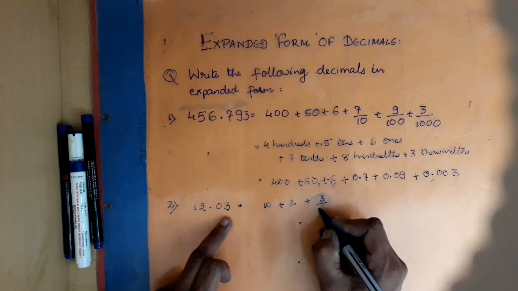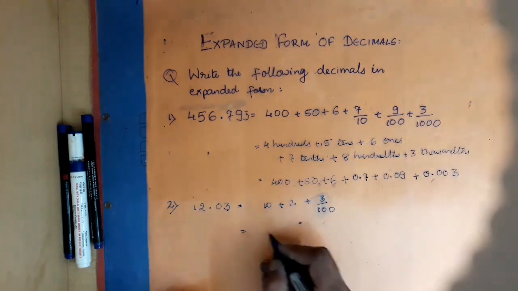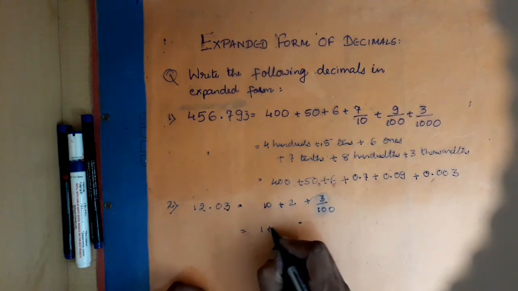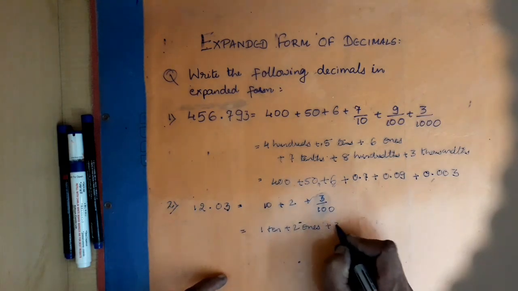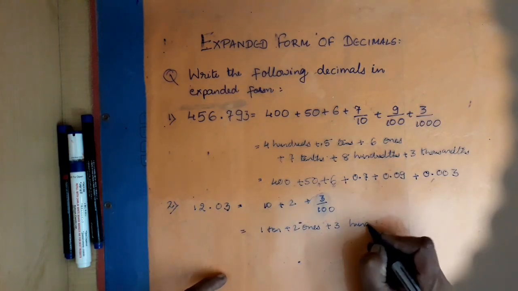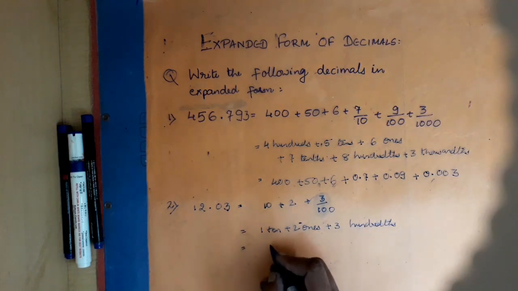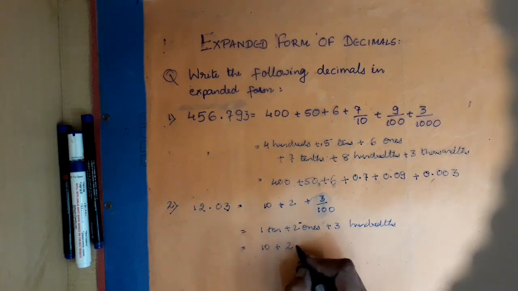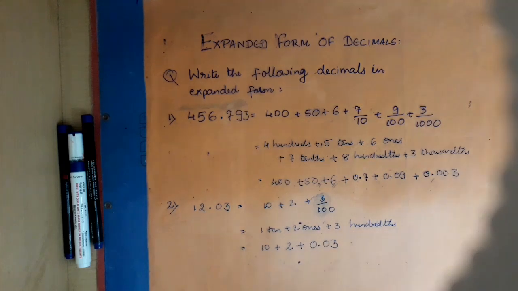So write it as 3 upon 100. Fine. The second way is 10 plus 2 ones plus 3 hundredths. Is it okay? And the third one, you can write it as 10 plus 2 plus 0.03. Fine.